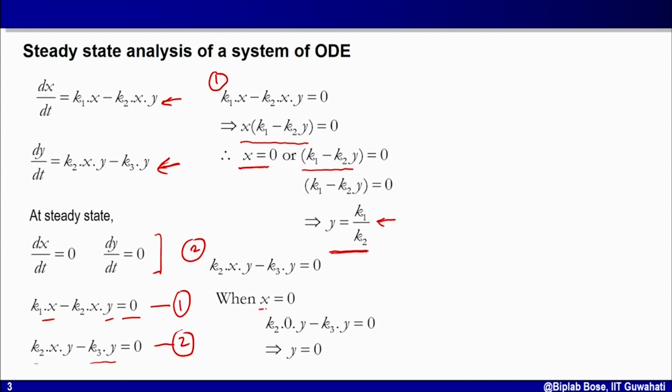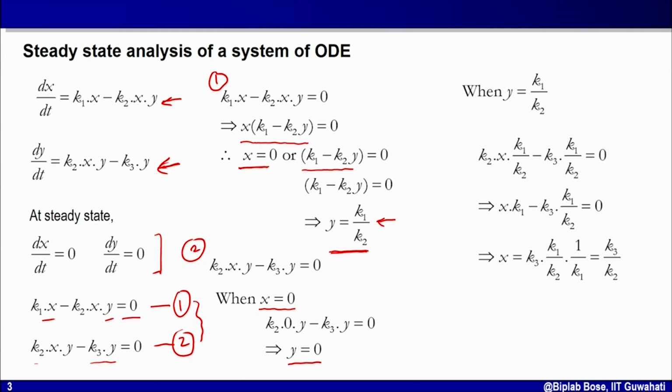So when x equals 0, y has to be 0 to simultaneously make equations 1 and 2 correct. Let us take the other value we got from the first equation, when y equals k1 by k2. Let us take the second equation and plug in the value of y. So we get k2 into x into k1 by k2.